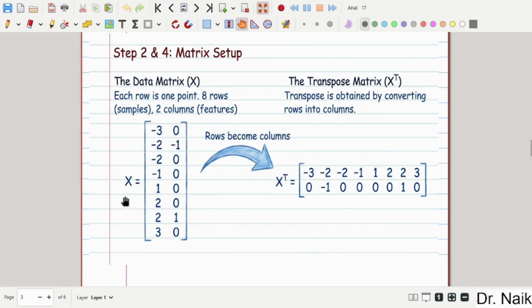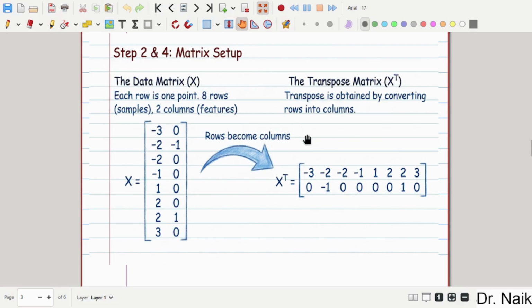So our data matrix X is a matrix with entries (-3, 0), (-2, -1), (-2, 0), (-1, 0), (1, 0), (2, 0), (2, 1), (3, 0). These entries are nothing but the coordinates of each point.